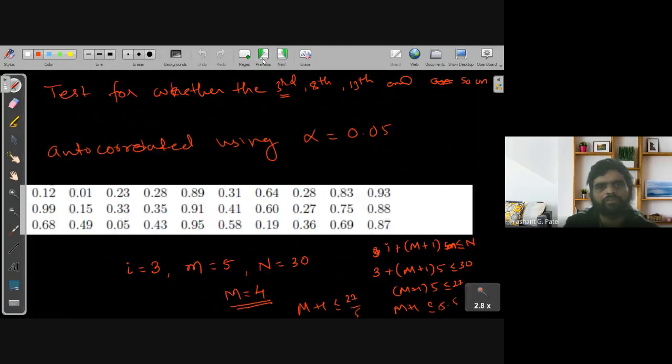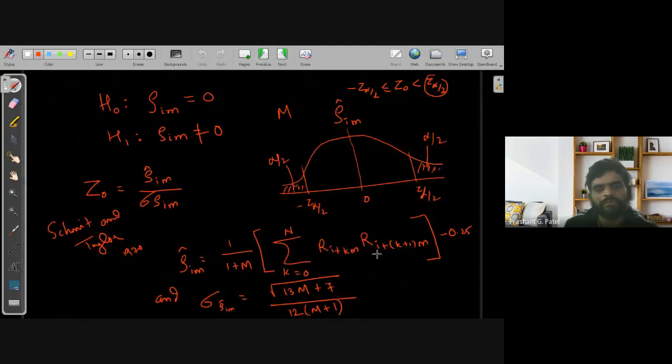But 30 should not be there, because this sum does not go up to 30. So K is this. When K equals 0, I is 3 and small m is 5.